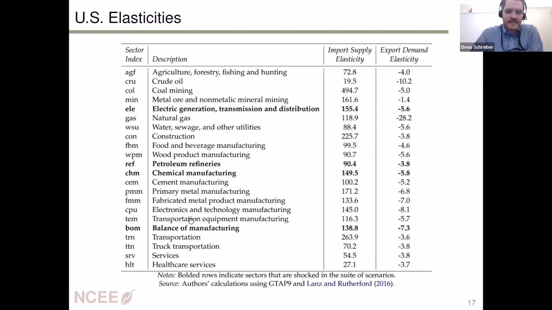These are the elasticities that we use to calibrate the model. The bolded rows are the ones where the shock occurs. So we implement a shock in the electricity sector, the petroleum refinery sector, the chemical sector, and the balance of manufacturing sector.